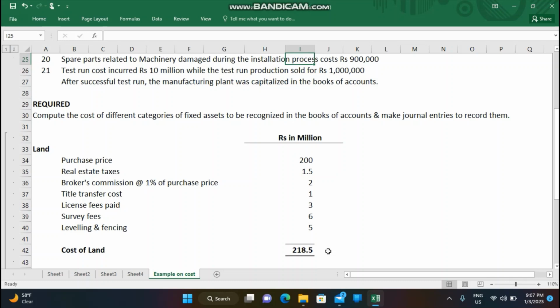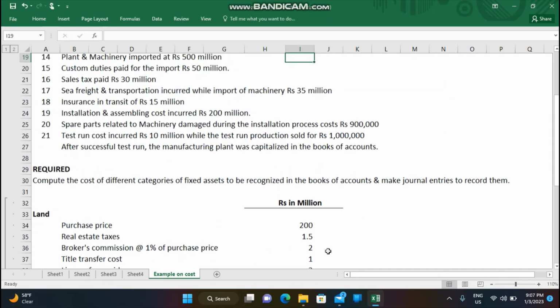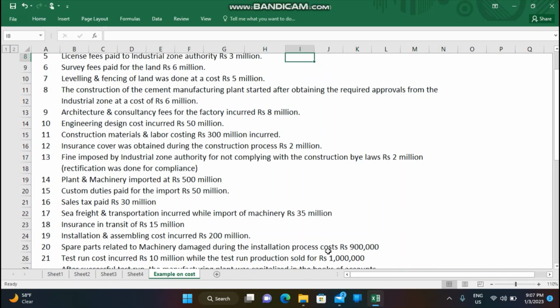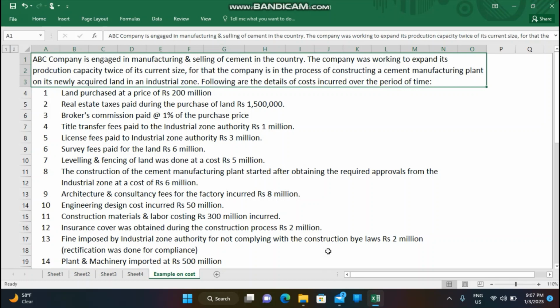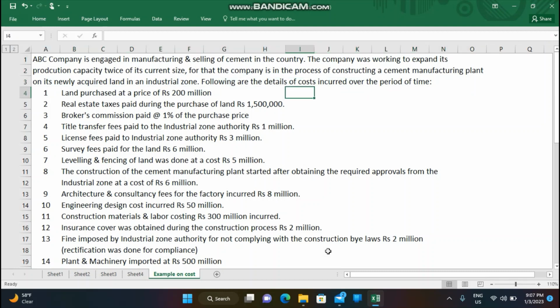We have to recognize all these transactions in the books of accounts. One thing I did in this example just to simplify it is that I'm ignoring the element of time, because these are a lot of transactions, and practically these are happening over a period of time.